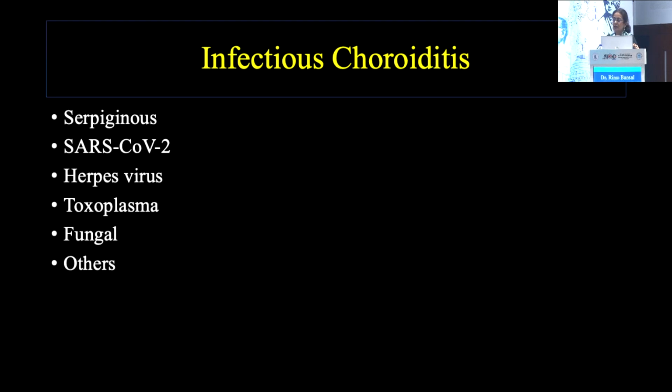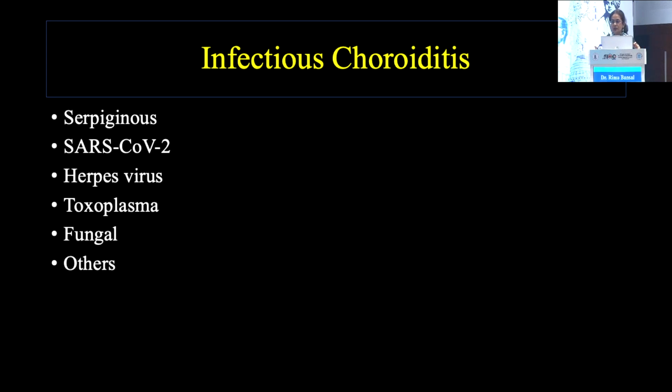So when we talk of serpiginous, the etiology that comes to the mind of all of us is, of course, tuberculosis. So the moment you talk of serpiginous choroiditis, you think of TB, because here we're talking of infectious. Had it been non-infectious, we could go on for autoimmune causes of serpiginous. So here we're not talking of that.